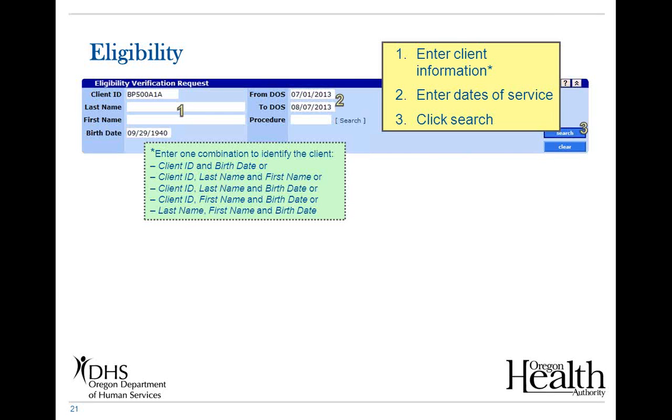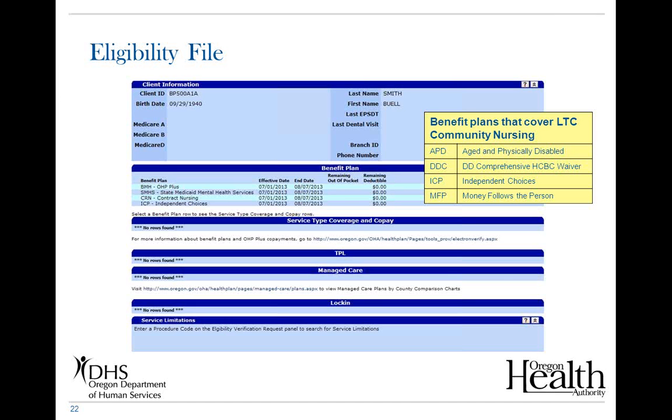Once you click Search, as long as that client is found, you should get an eligibility file. So this is where you're going to be looking for benefit plans that cover long-term care community nursing. So here is my client. If the client has Medicare, you'll see dates listed under the Medicare section.